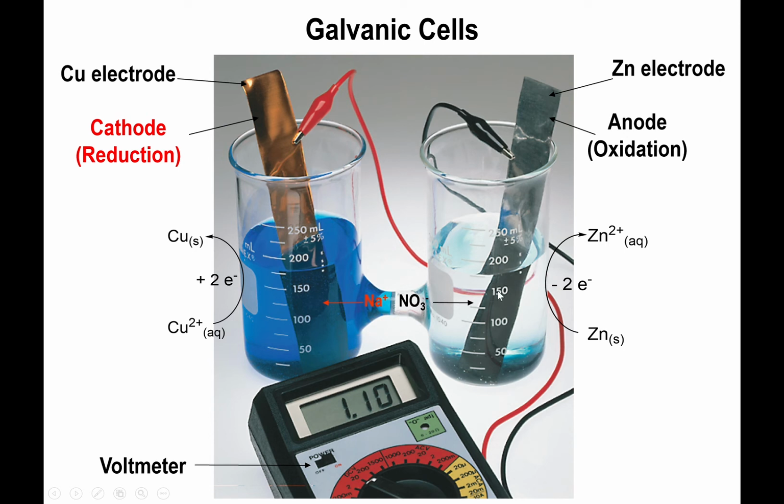So the anion migrates towards it, and because the anion goes to this compartment, the compartment is known as the anode. So that's the reason why we call them that. Wherever the cation goes from the salt bridge, that's the cathode. Wherever the anion goes, that's the anode. But to put it simply, anode will always be associated with oxidation. Cathode will always be associated with reduction.